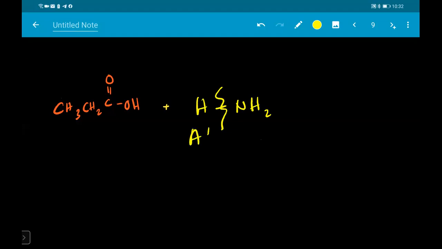Please remember that H will always be A prime and the partner will be B prime. That is the condition. For the carboxylic acid, we are looking for the RC double bond O structure, labeled as A, and the partner will be B.